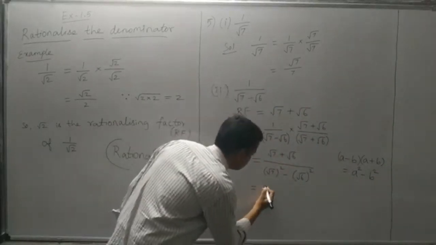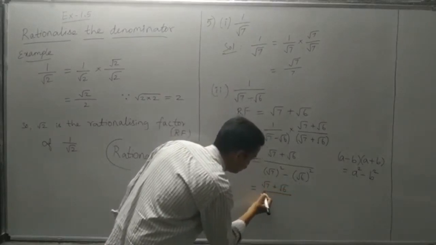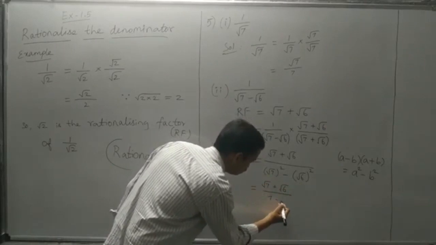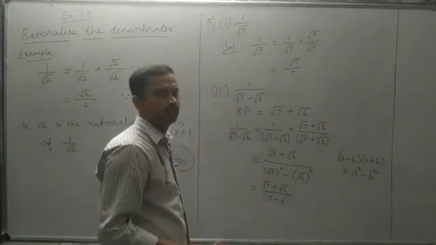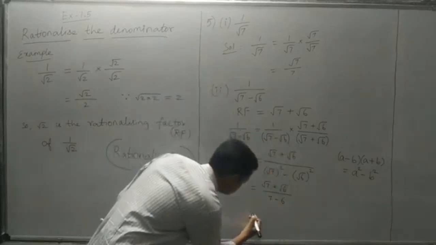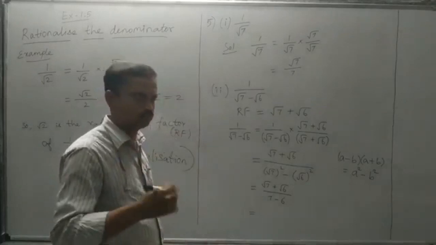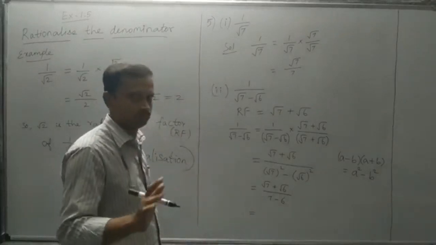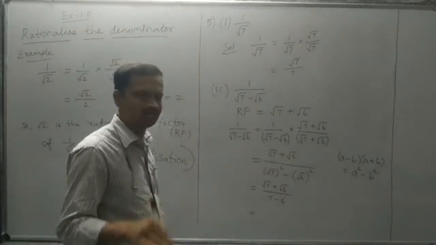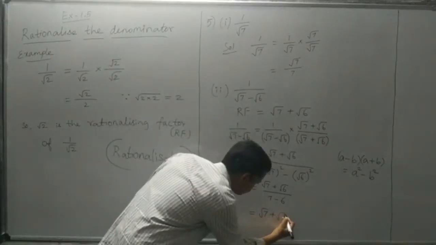And again, the numerator is the same, root 7 plus root 6, and the denominator: root 7 the whole square is 7, root 6 the whole square is 6. Now the denominator easily becomes 7 minus 6, which is 1. So you don't need to put 1 in the denominator. The answer is root 7 plus root 6.